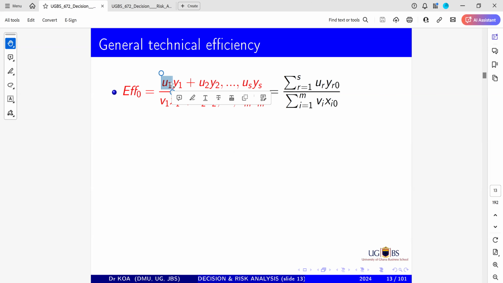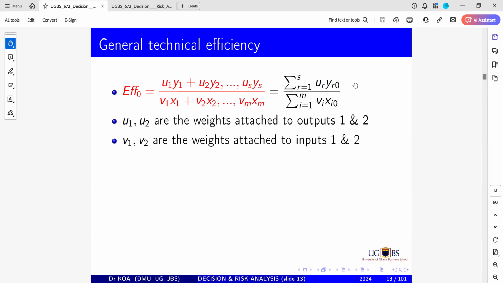I have to weight the outputs one by one before I sum them. So this becomes the weighted sum of the outputs. This is a summation: the weighted sum of the outputs divided by the weighted sum of the inputs. The U's and then the V's are the weights, the importance that you attach to the inputs.